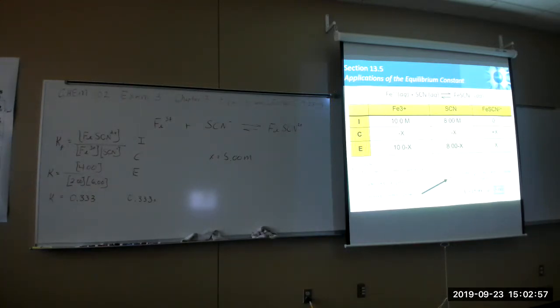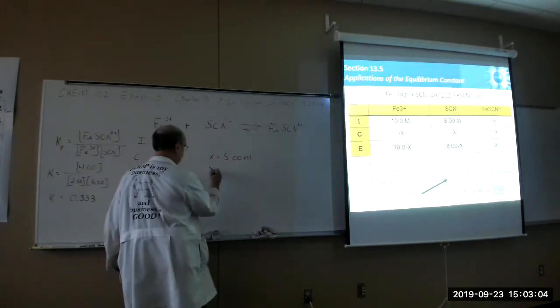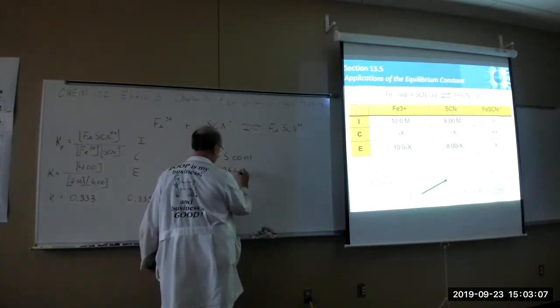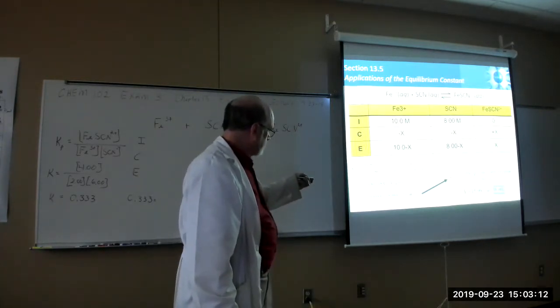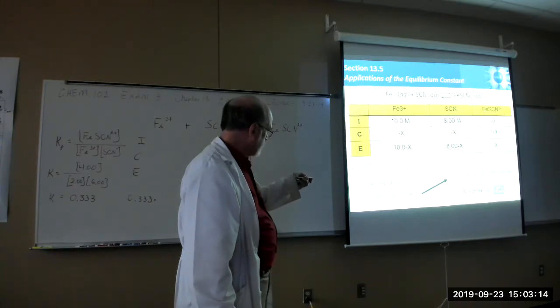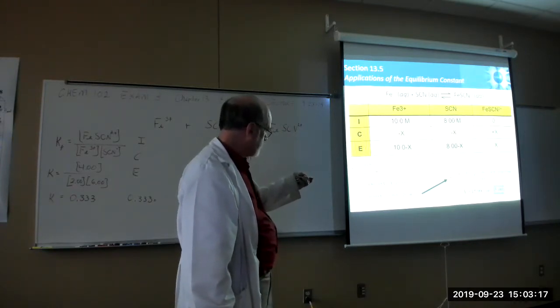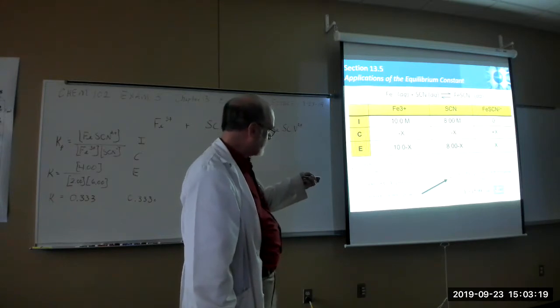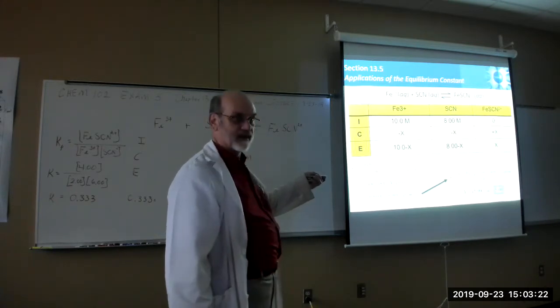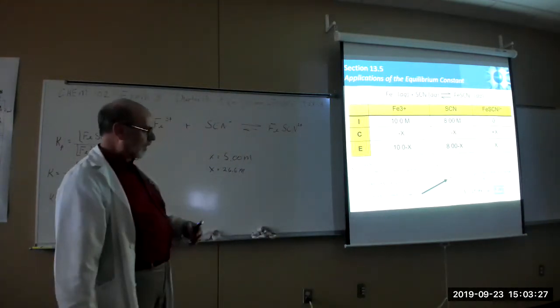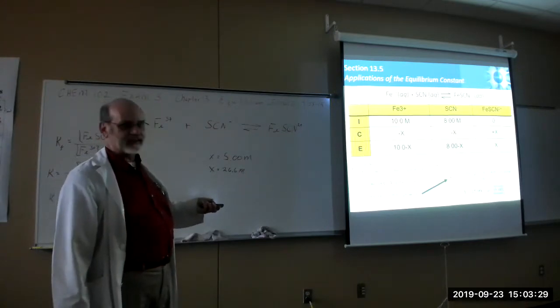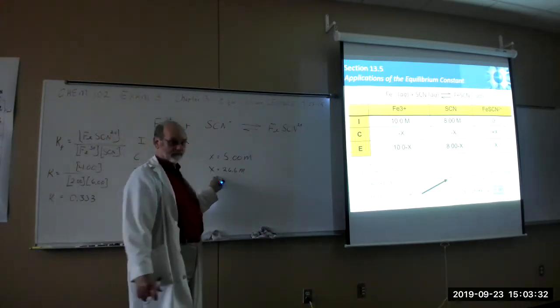So that would be 26.6. Because that would be so small that we would say that's 10, and this would be 8, and 10 times 8 is 80, and then multiplied times this would equal our X. Right? So that would give us 26.6. Well, we know that one's wrong, right? If 5.99 is wrong, 26 is wrong.